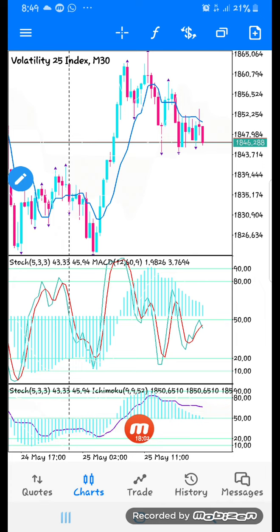Then the next candle that you're supposed to enter on needs to bevel the Ichimoku, make it curve to the direction you're placing the trade, in direction with your position.